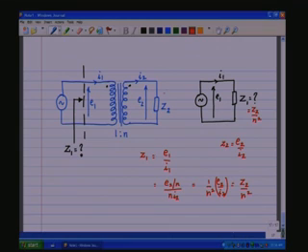So, if I have a resistance of 10 ohms here and I have a turns ratio of N, then what appears here is 10 ohms divided by N square. So, if N is 2, it would be 10 by 4, which is 2.5 ohms on the primary side. So, it is a reflected resistance as seen by the source.